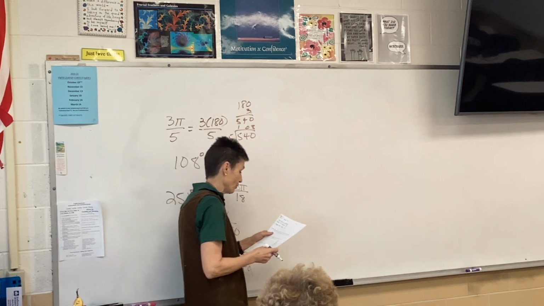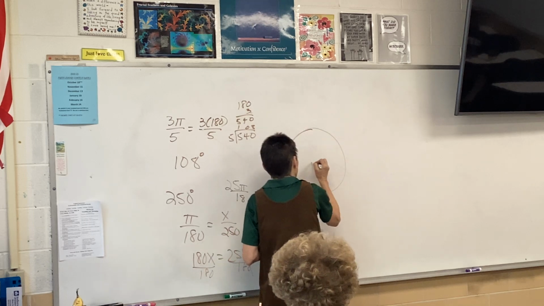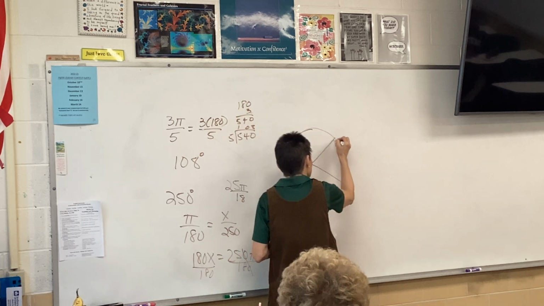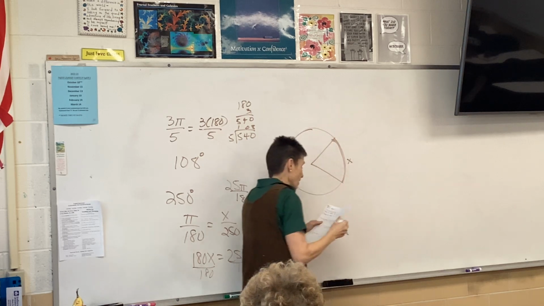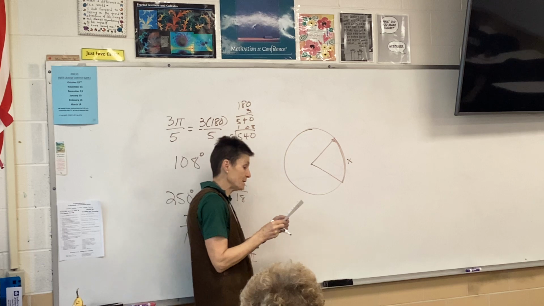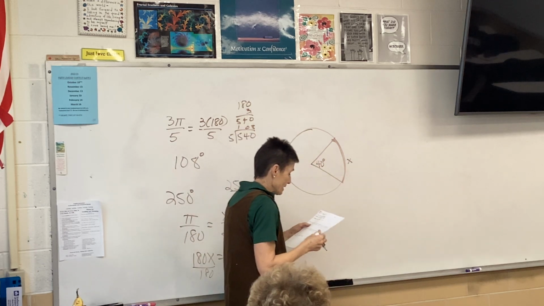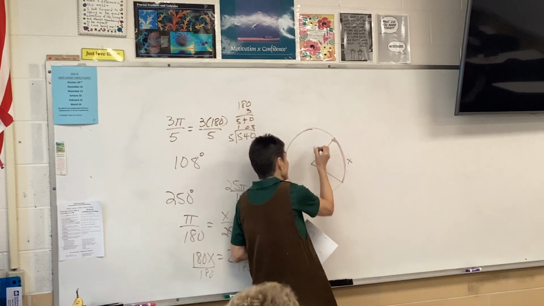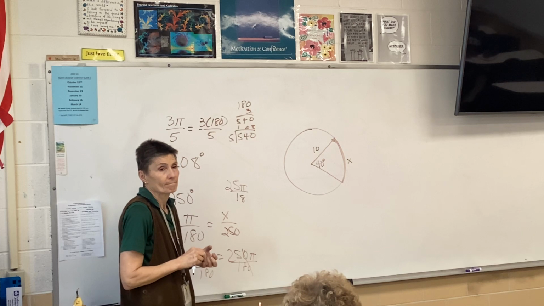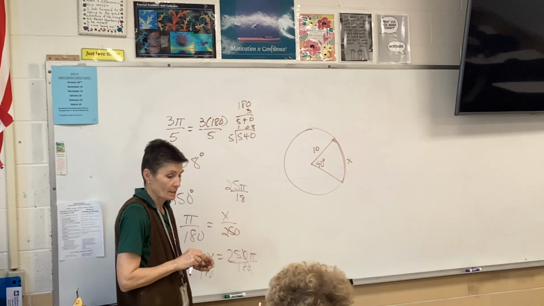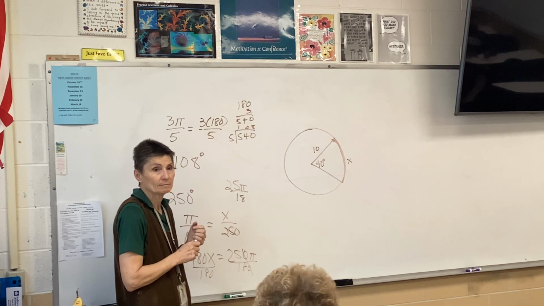Find the measure of the arc. When they talk about an arc, they're talking about something like this, right here. We're going to find the measure of the arc determined by an angle of 40 degrees in a circle with a radius of 10. Who remembers anything about this?